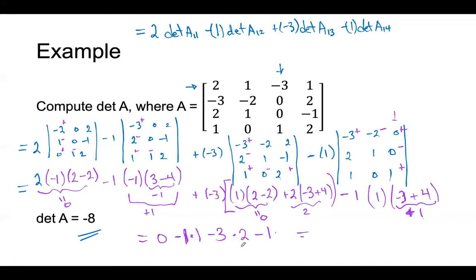So this is -6, subtract 1, which is -8. Okay, so this was expanding along row 1. Now you at home can pause the video and try column 3 here yourself, and you should get the same answer.